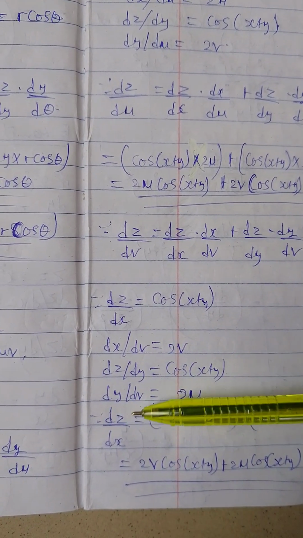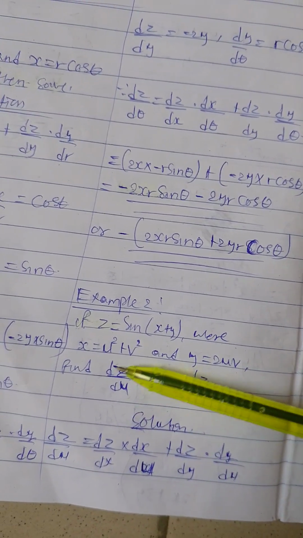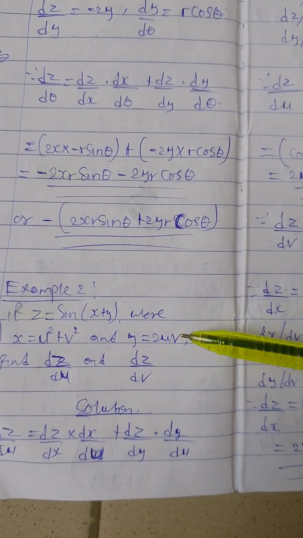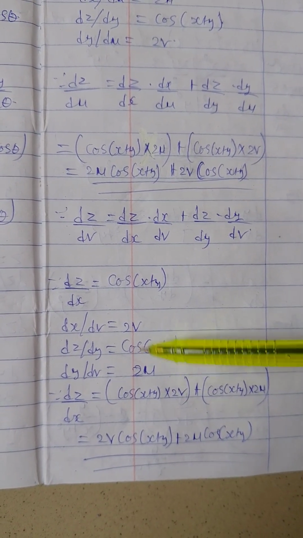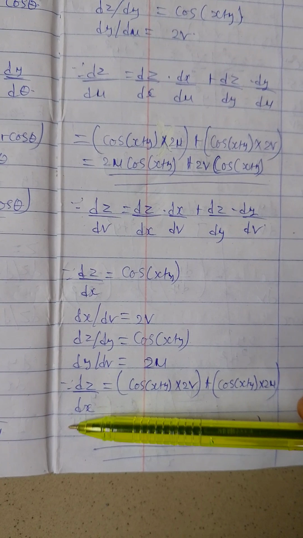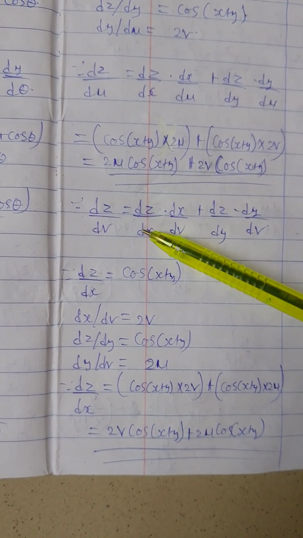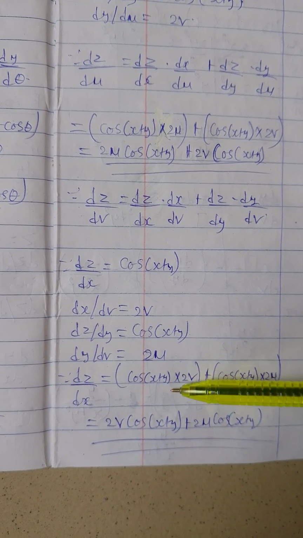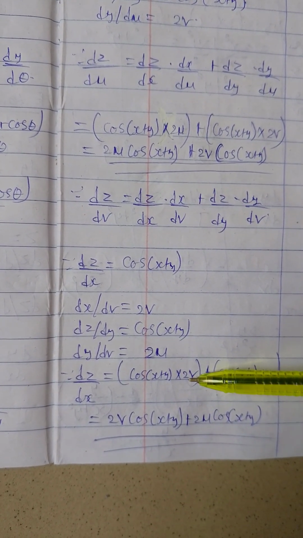And also dy over dv means that under y differentiate v, that remains 2u. Now therefore put everything here to this equation. So that becomes dz over dv is equal to, my answer for dz over dx is cos bracket x plus y times my answer for dx over dv was 2v, right?